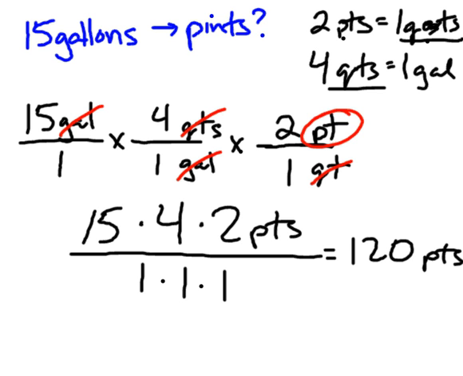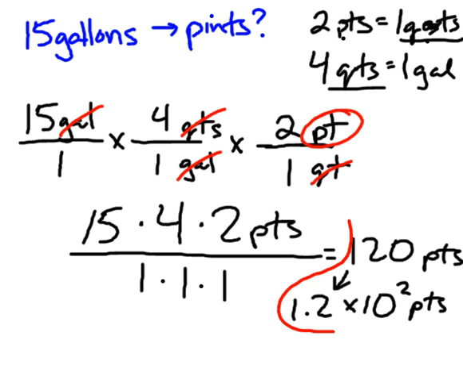I do not put the decimal at the end because there's already 2 sig figs there. Again, if you wanted to put it in scientific notation, it would be 1.2 times 10 to the 2 pints. Either one of these would be an acceptable answer. Let's take a look at another problem.